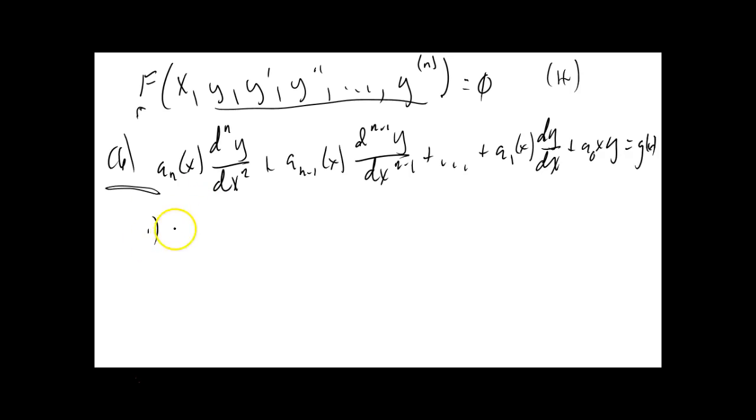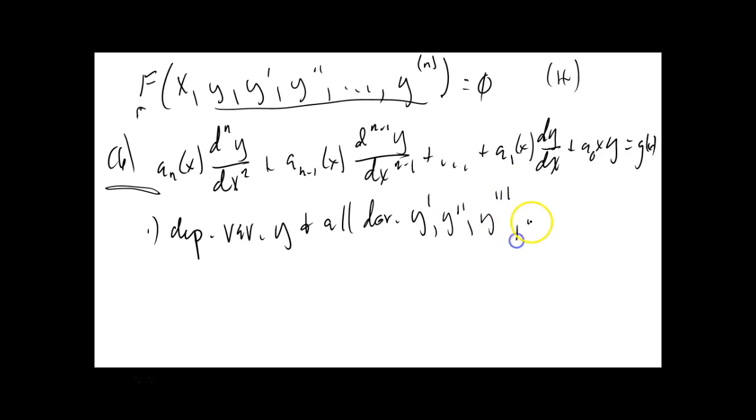First, the dependent variable y and all its derivatives, y prime, y double prime, y triple prime, up to y to the nth prime, are of first degree, that is, the power of each term is 1.